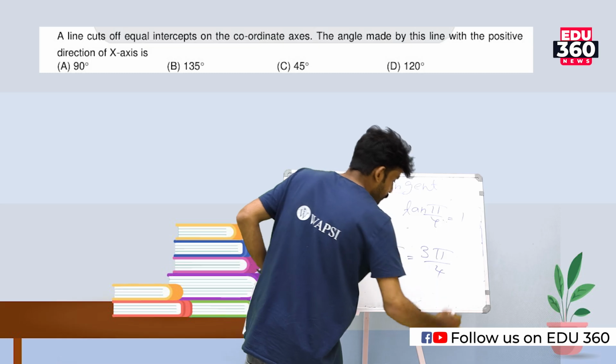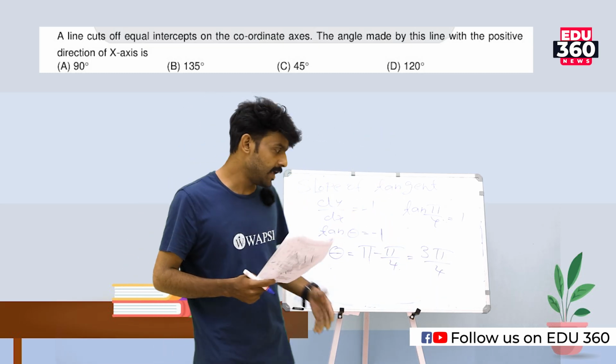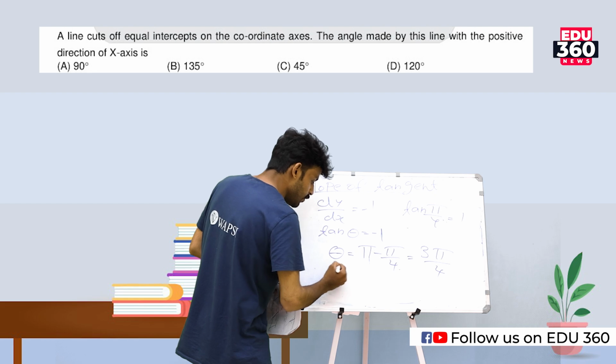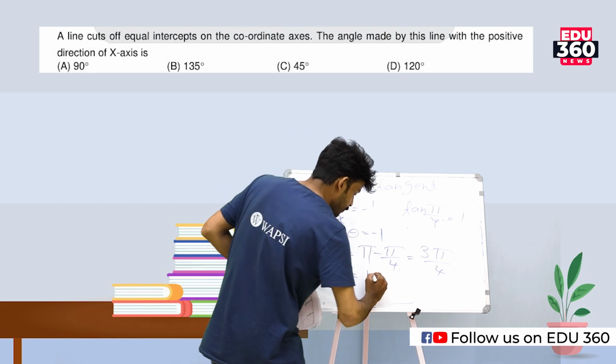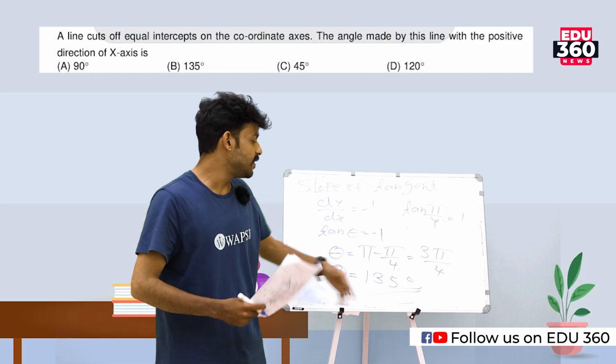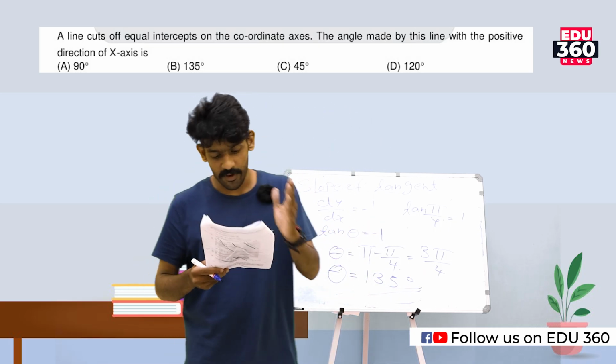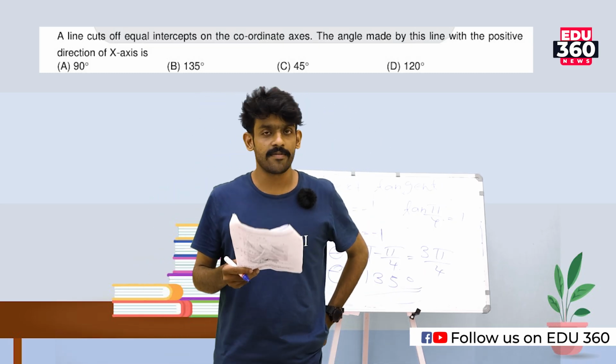On the next step, just substitute the value of pi is equal to 180, you will get the value of theta is equal to 135 degree. So for this question, option B is the correct answer.